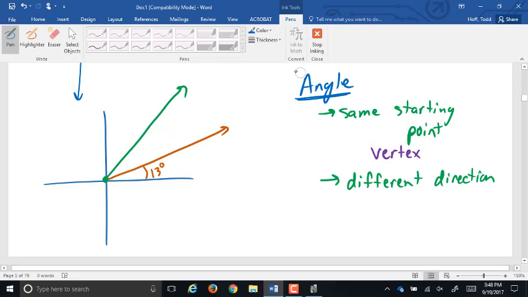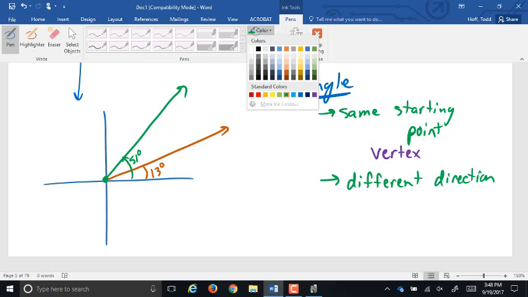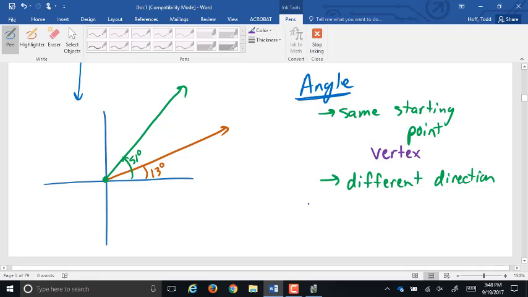Let's say that this new direction here might be at 51 degrees. The size of the angle was always defined to be the difference in direction.